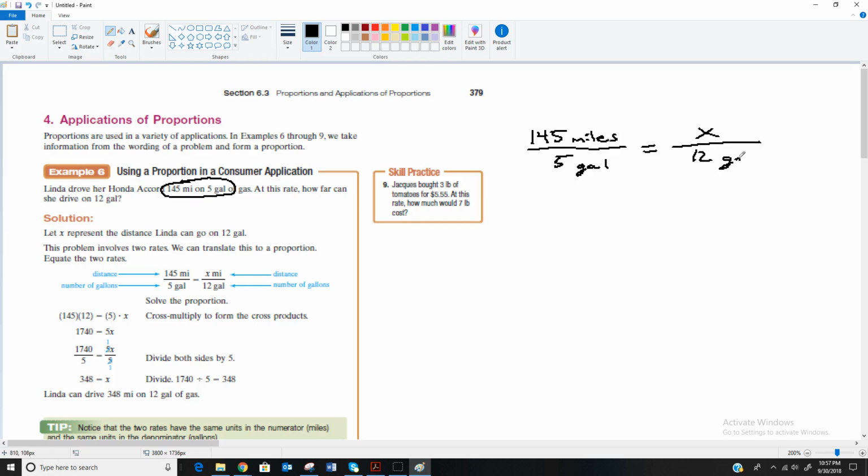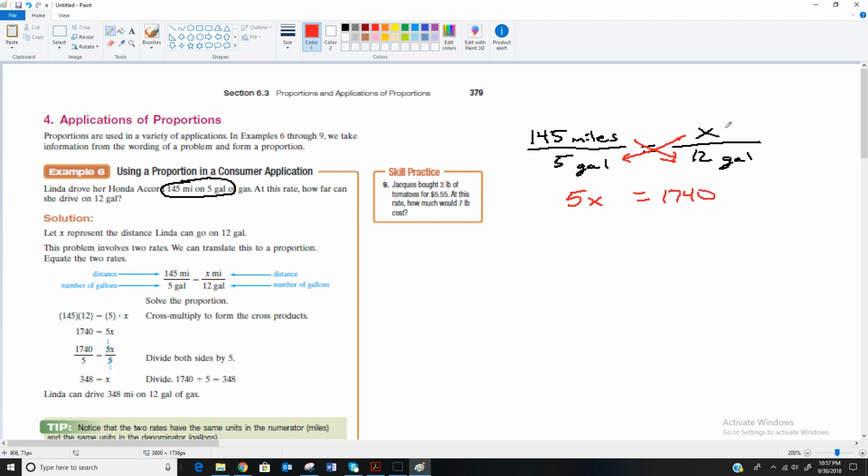And that's not anything magical. You can use whatever you want there. You could use M or N or X or A. So when I cross multiply here, notice that I put miles on top and miles on top here, and I put gallons and gallons. That way we know we are setting it up the same way, and it should be true. So X times 5 gallons would be 5X. 145 times 12 would be 1,740.